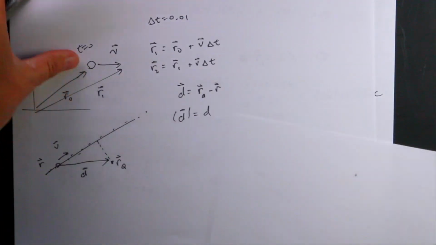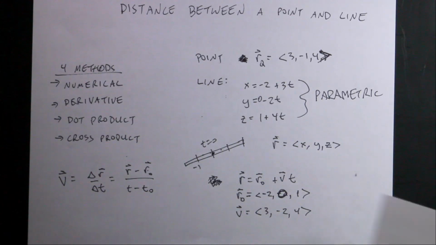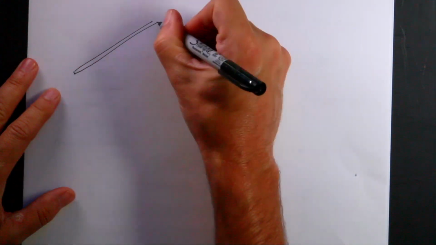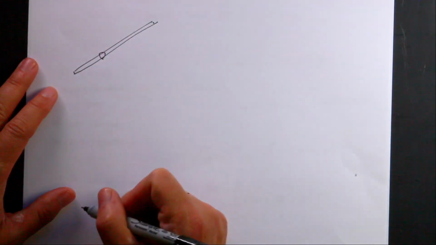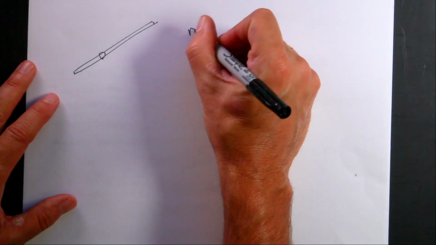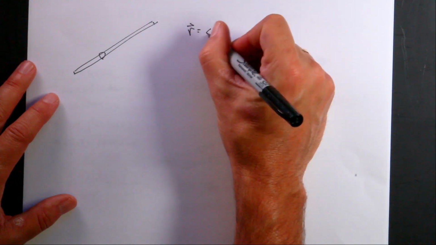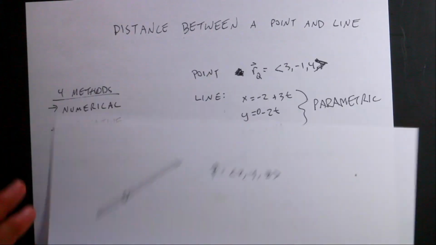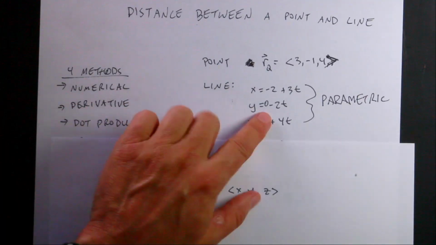Okay, so I need, let's just write this. Here is my generic line. And then here's a point on that line. And so the value of that point, I was just calling it R. R is going to be X, Y, Z. But I know the values of X, Y, and Z in terms of t right here.